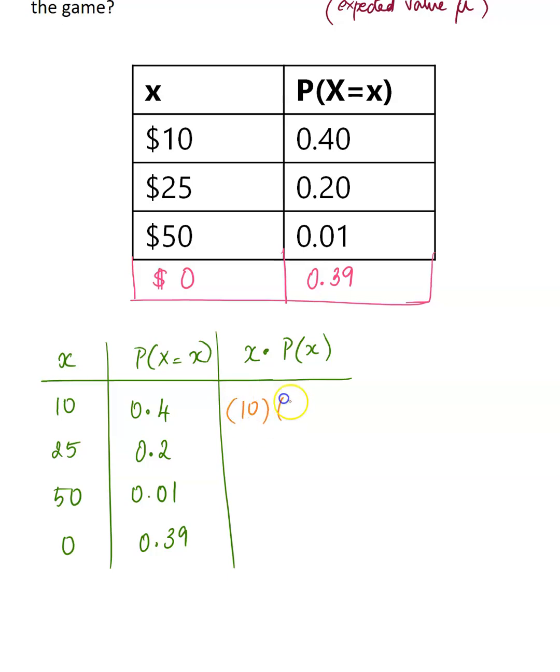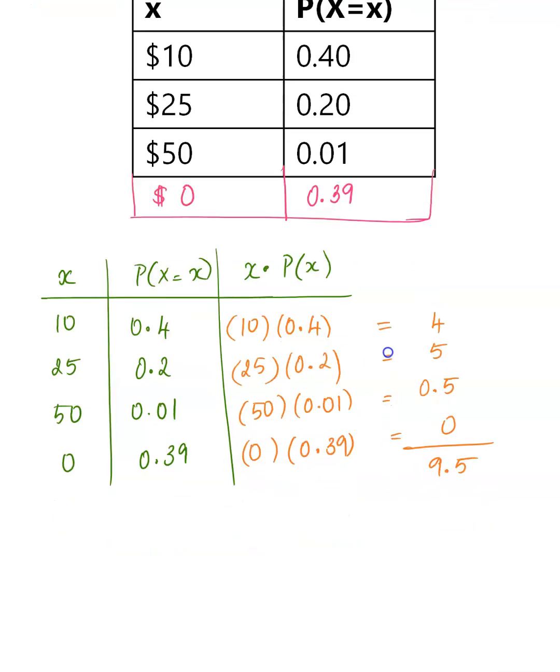So 10 times 0.4, 25 times 0.2, 50 times 0.01, and 0 times 0.39. And you notice that because it's associated with 0, you haven't really altered the value. You didn't add or take away any information from that. So go ahead, use your calculator and compute your values.